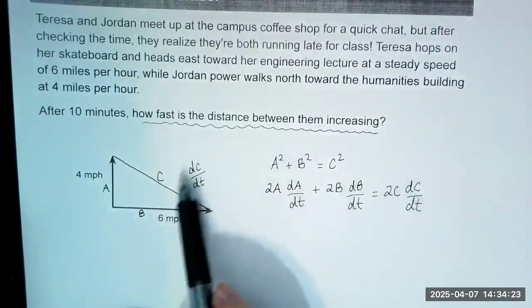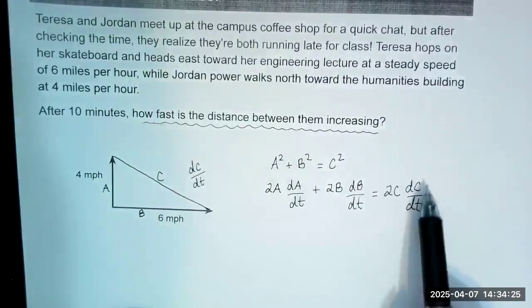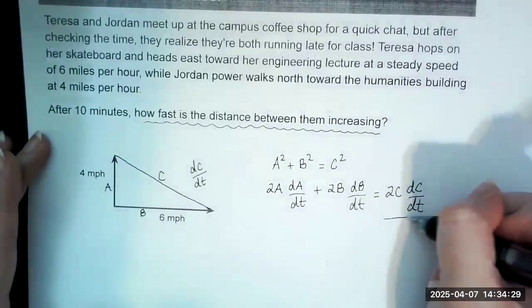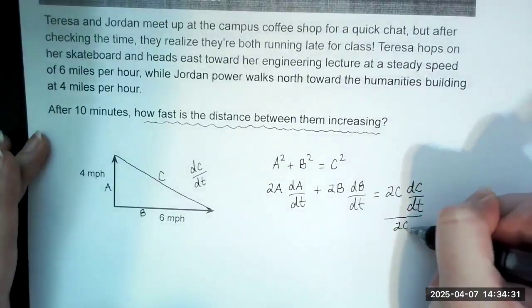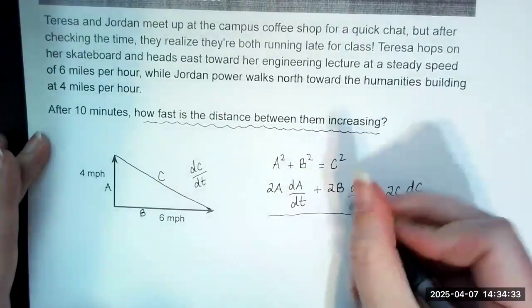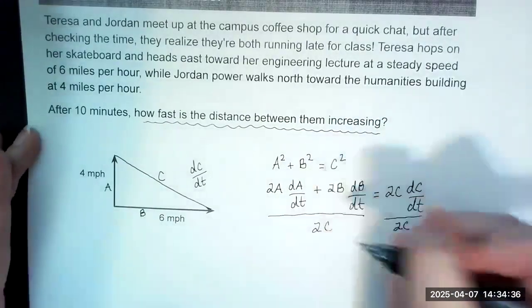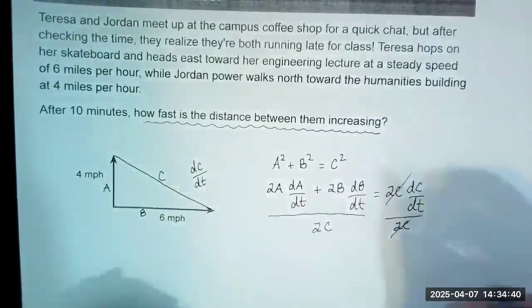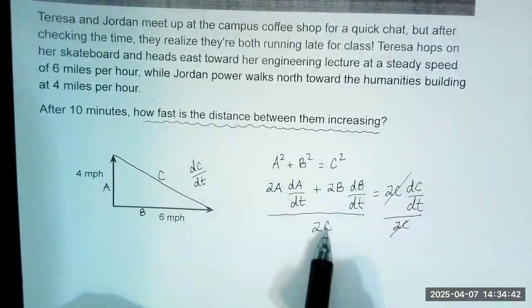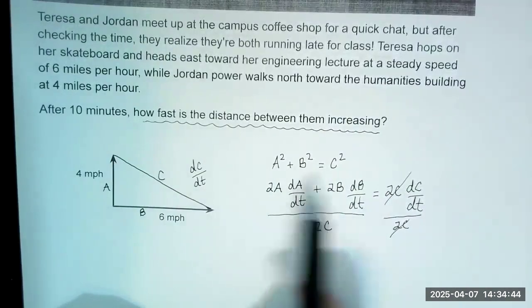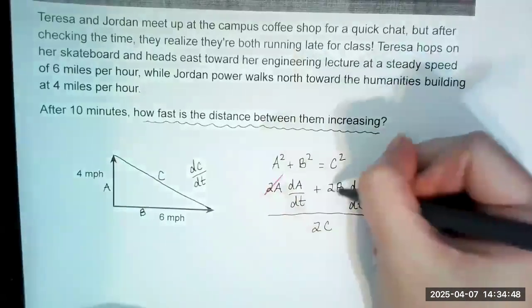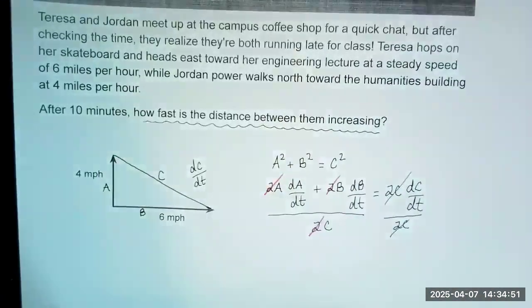In this form, we can actually see the quantity that we're hoping to solve for here. I'm going to go ahead and rearrange this equation by dividing both sides by 2c. Okay, and so if I do that, then these will cancel out and I'm going to have the dc/dt by itself. I can factor a 2 out of both of those pieces here. So if you forgive me, I'm going to kind of skip a step here and go ahead and just cancel that 2 out of all 3 pieces.